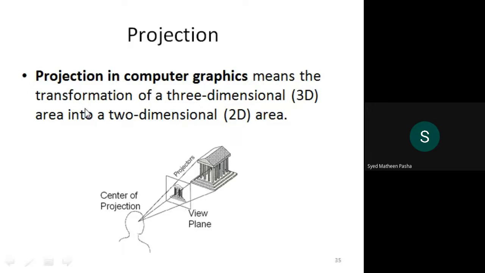Coming to the technical definition of projection with respect to computer graphics, it basically means the transformation of a 3D area into a 2D, that is two-dimensional, area. I can describe projection as a conversion, because the data is stored in the device. A projector is nothing but a converter.